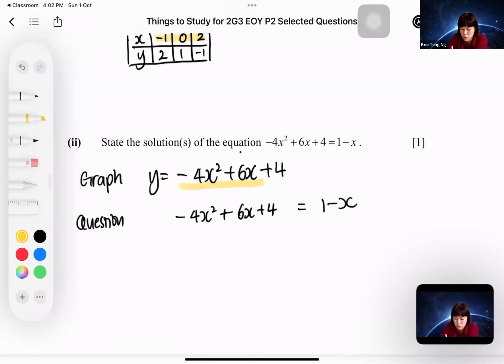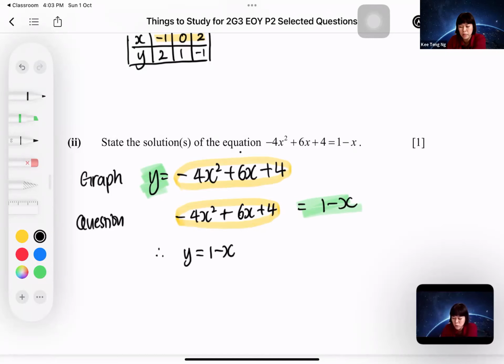Notice this whole portion is exactly the same. I don't need to change anything, right? If they are all the same, that means my y will be equal to 1 minus x.